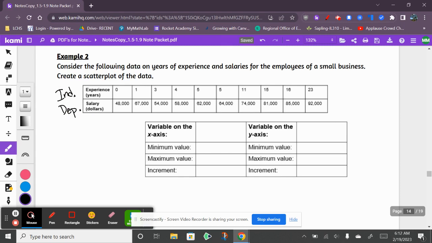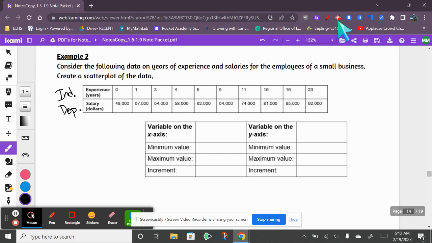So example 2 says, consider the following data on years of experience and salaries for the employees of a small business. Create a scatter plot of the data. So our independent variable is the amount of experience that they've had in years, because that will determine what the salary is. Salary doesn't determine experience.